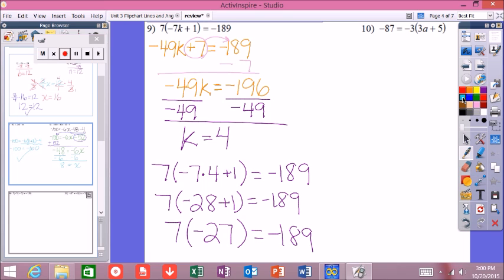For problem number 10, there's parentheses, so what do we need to do first? Distribute. We're going to distribute negative 3 into the parentheses. You can write plus negative 15, or again, I just like one sign, minus 15. We need to isolate the x by moving that term minus 15 to the other side, and we do that by adding 15.